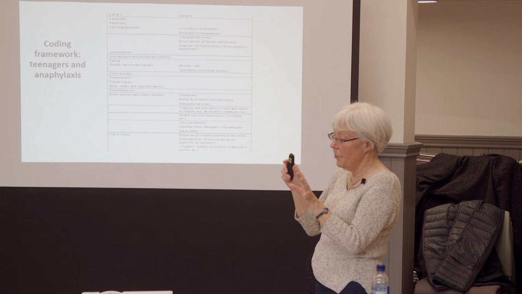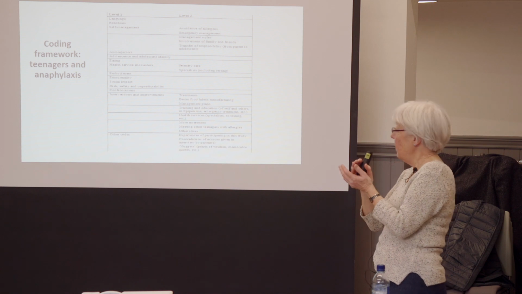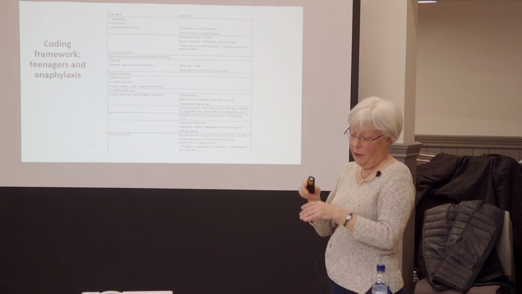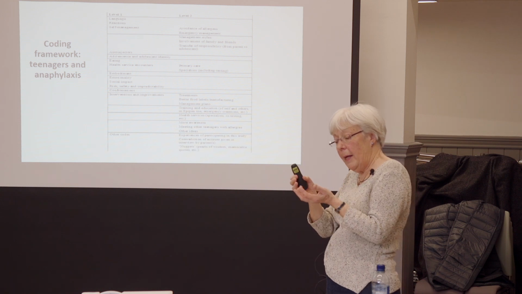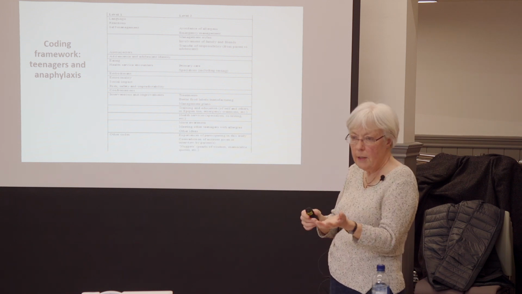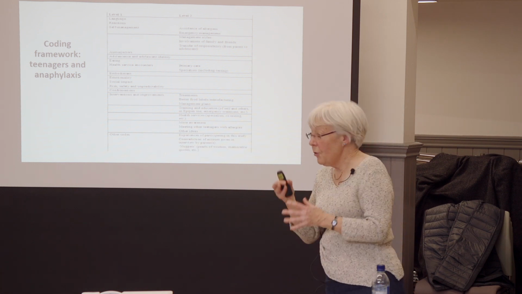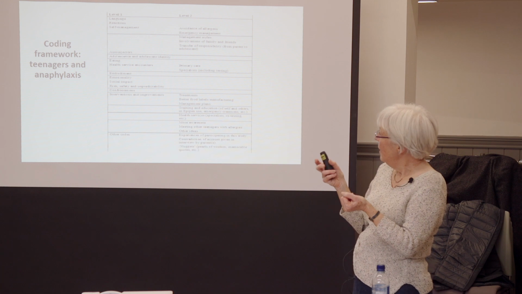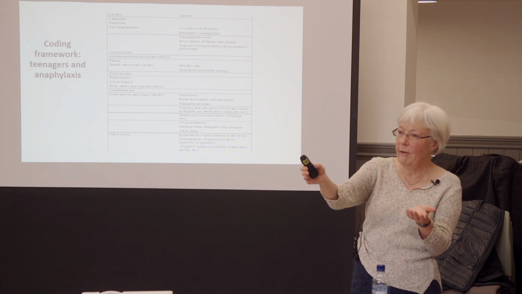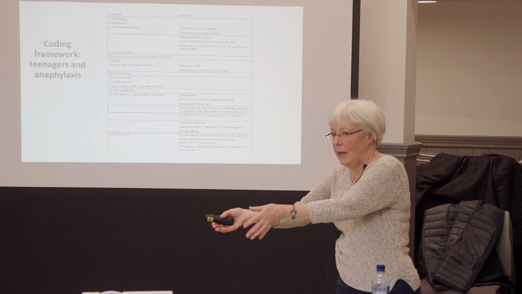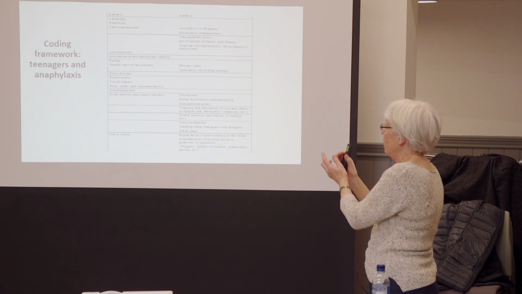And then we had examples of how they manage their anaphylaxis using the EpiPen, whether their family and friends are involved in the management with their EpiPen, have they trained their friends up how to administer the adrenaline in an emergency. And also because we were particularly interested in teenagers, who are moving from being dependent on their parents to manage their anaphylaxis risk to having to manage it themselves. So that was a really important area, so we had a code that was all about that.